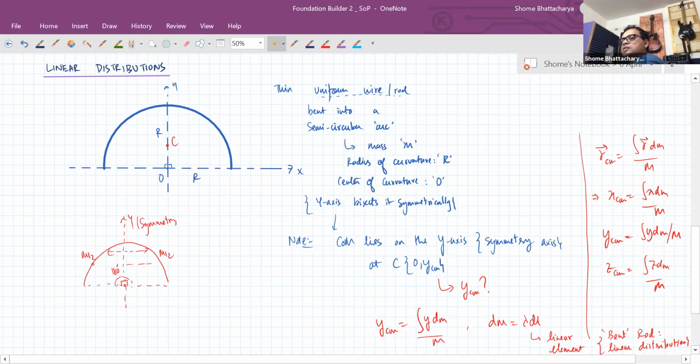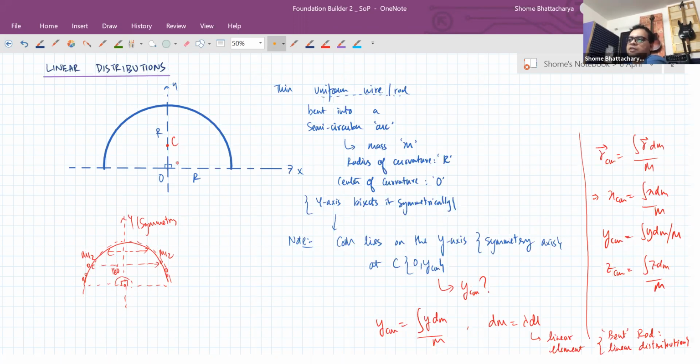This pair of particles, this one and this one, this one and this one, are always symmetrically placed. All the particles on this side are symmetrically placed with respect to all the particles on this side. So we know that the y-axis is an axis of symmetry.